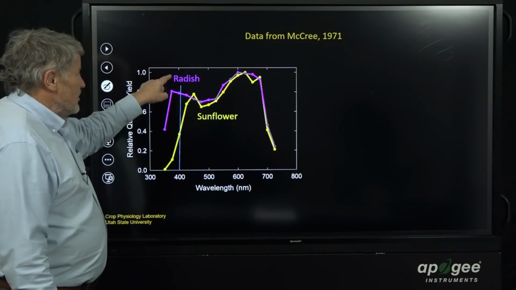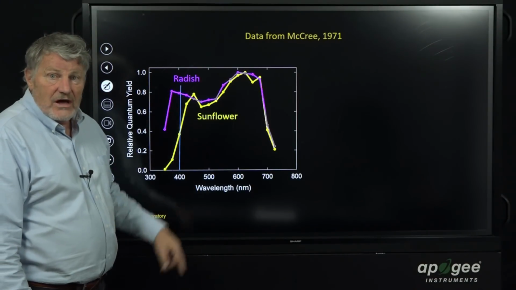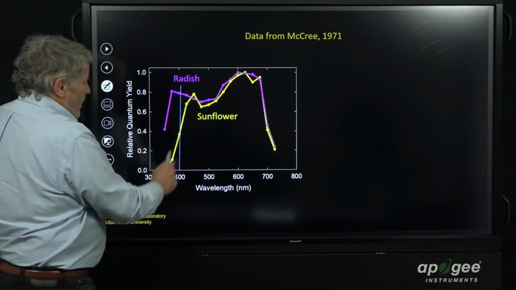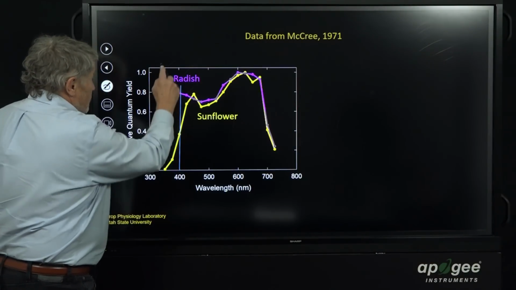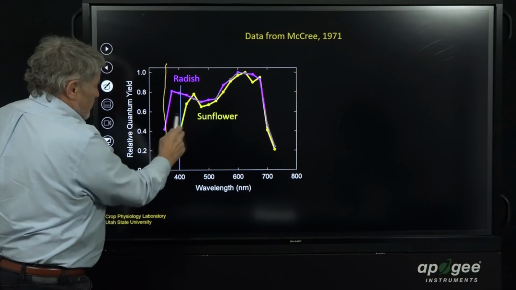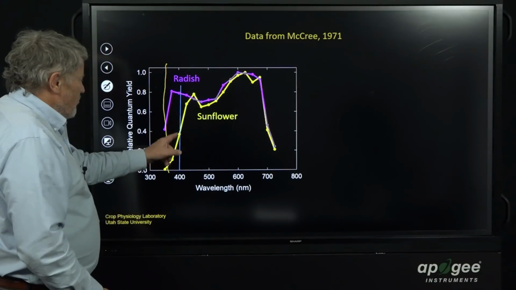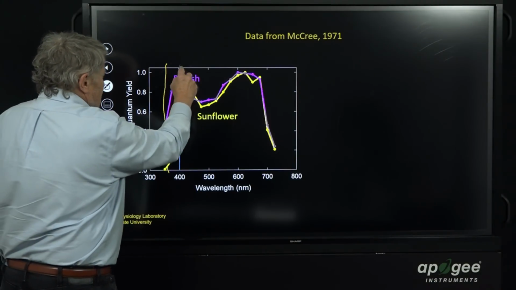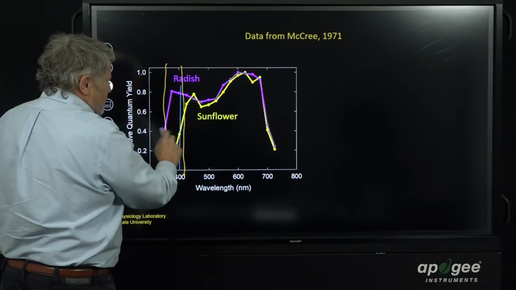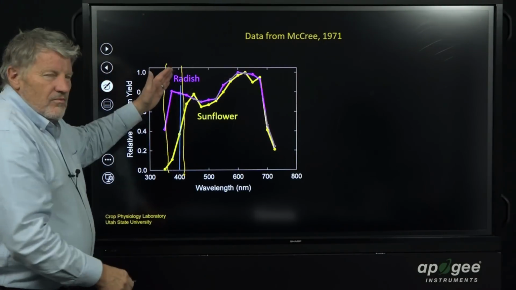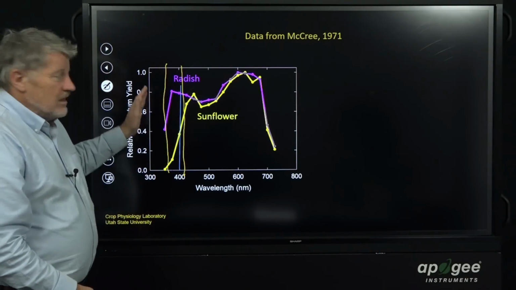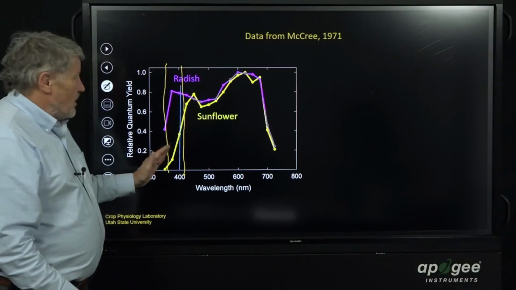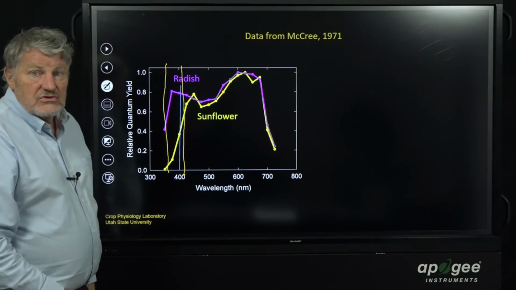It turns out radish was the most responsive, sunflower was the least, and if all crops were like radish, you bet we would move the goalposts. We would count these photons, but if they're all like sunflower, you can start to argue we should move it the other direction. But crops vary a lot in how fast the relative photosynthetic efficiency drops off.